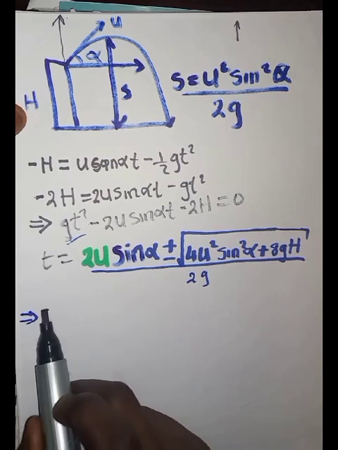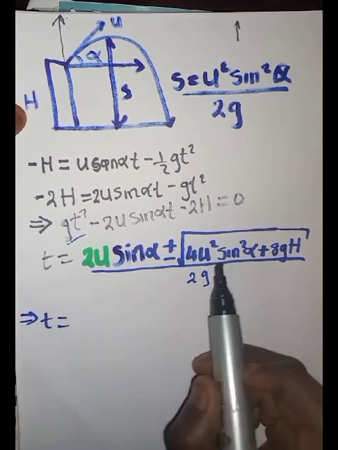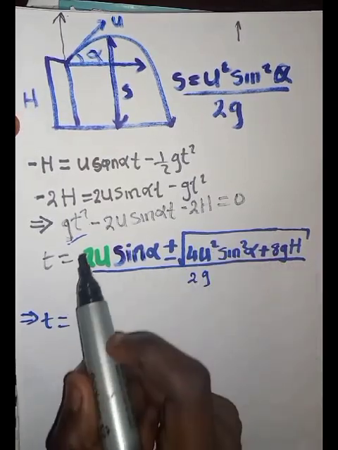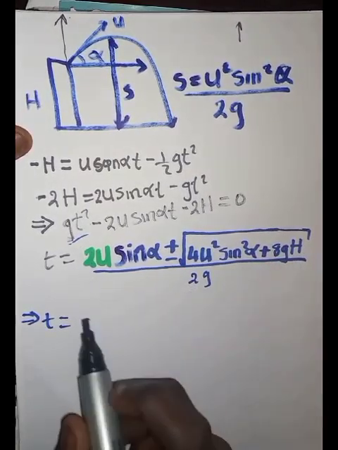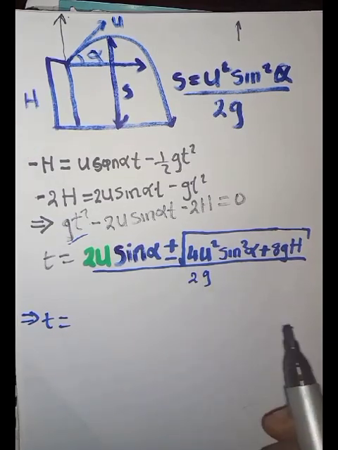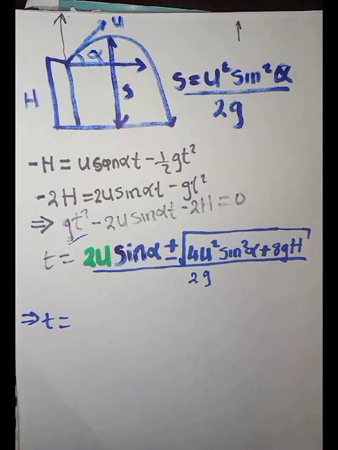That implies my t turns out to be, now I'm going to factor out a 4 inside here, and the 4 comes out as 2 and cancels all of these 2's I have. So I'm going to have 2 values of t in this case. One must be negative and one must be positive, so I will choose the one that is positive.